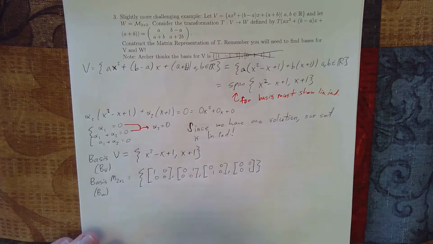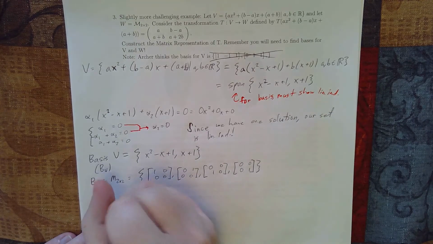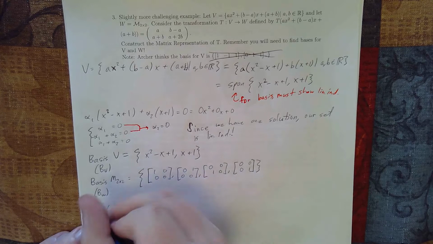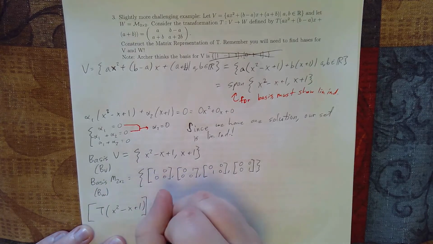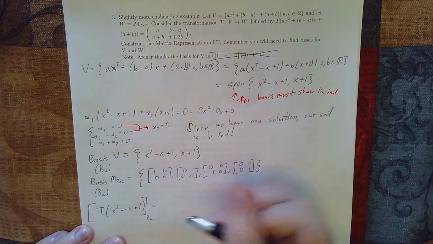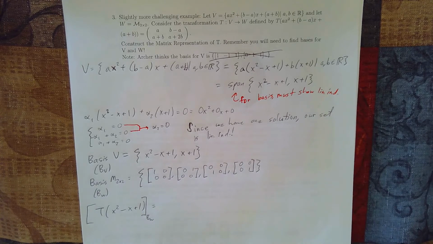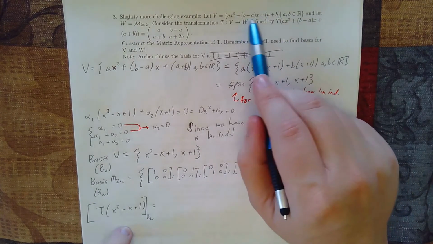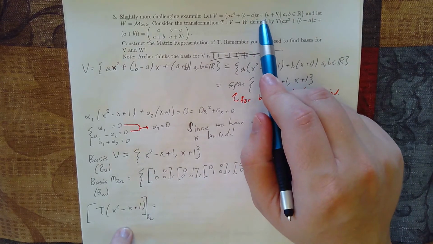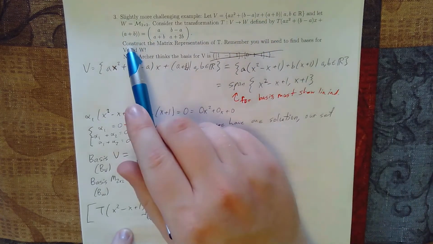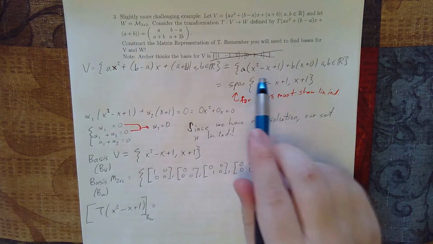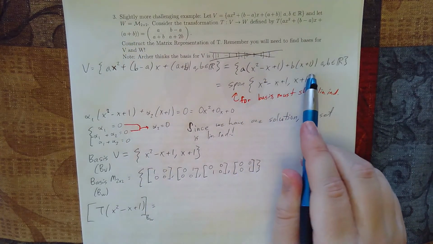All right, so what does that mean for us? We need to take T of x squared minus x plus 1, and then write it in terms of our basis for our codomain. Now, similar to the example in the notes, because we have these vectors from this domain as our inputs, we've already broken down what the a part is and what the b part is.